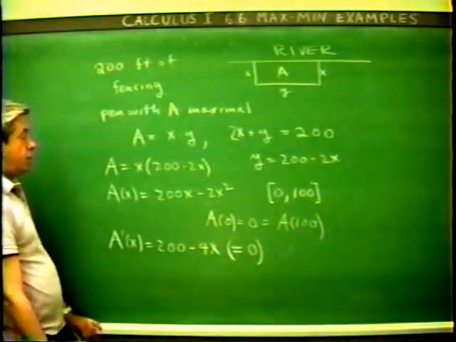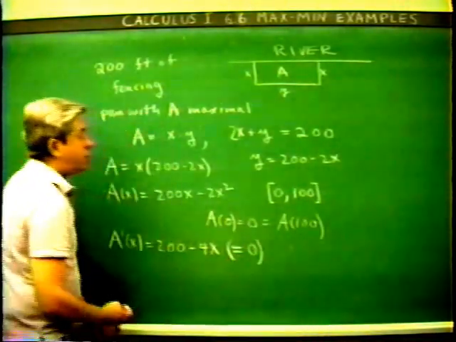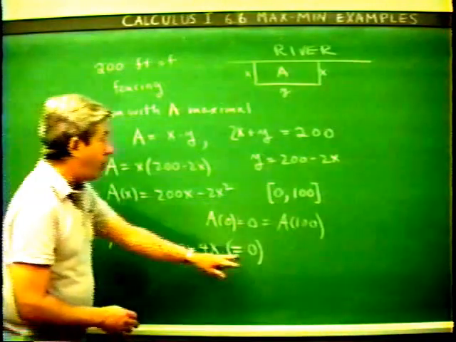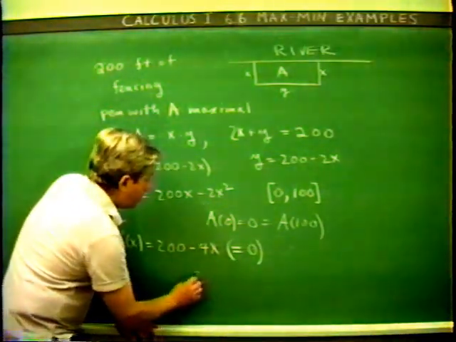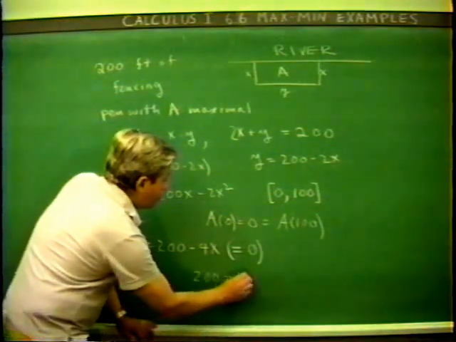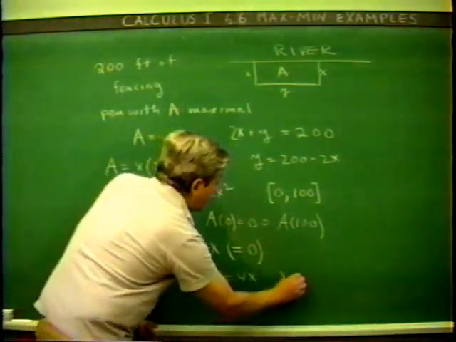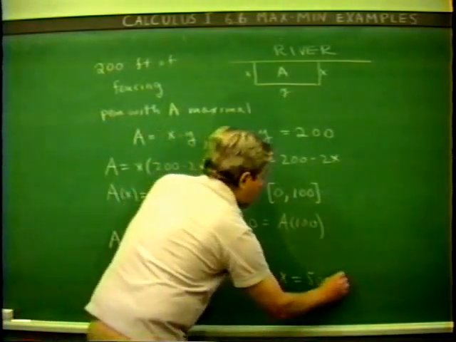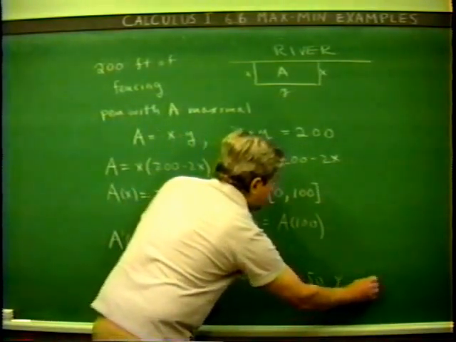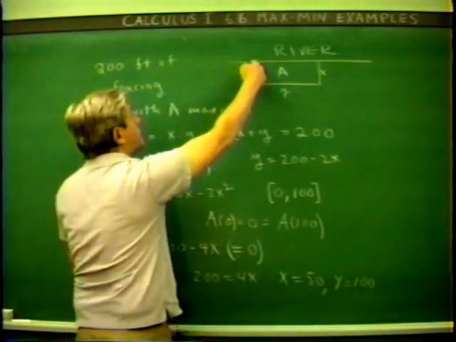We want to know when is that equal to 0. I put it equal to 0 in parentheses here to indicate that it's not always equal to 0. We want to know when it's equal to 0. And it's going to be equal to 0 when 200 is 4x, or when x is equal to 50. And when x is equal to 50, y is 100.